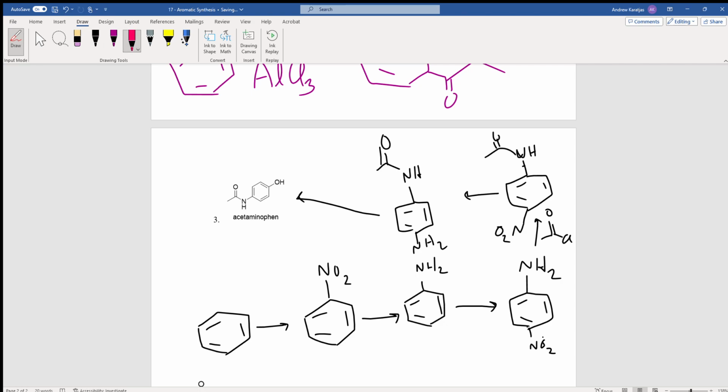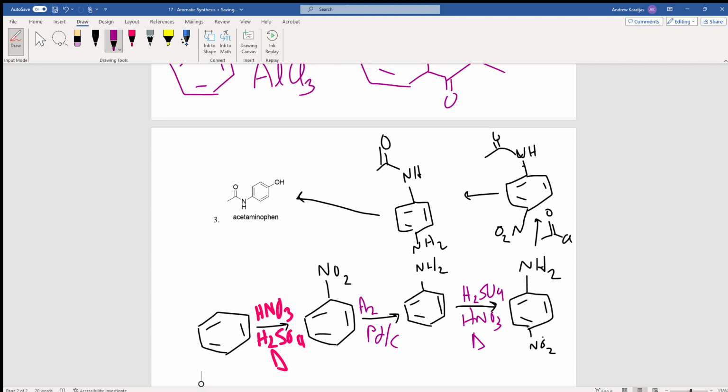At this point, we can go back and fill in reagents. Both of our nitration steps are going to require the use of sulfuric acid, nitric acid, and heat. So that's over here as well. The reduction of the nitro to the amine can be done in a couple different ways. We'll just stick with hydrogenation.